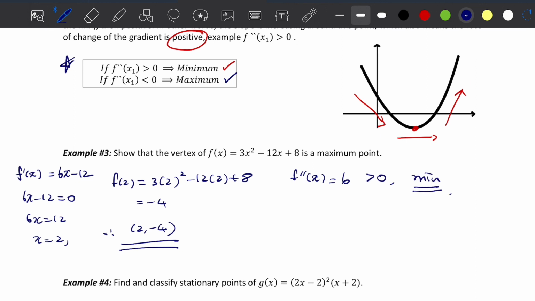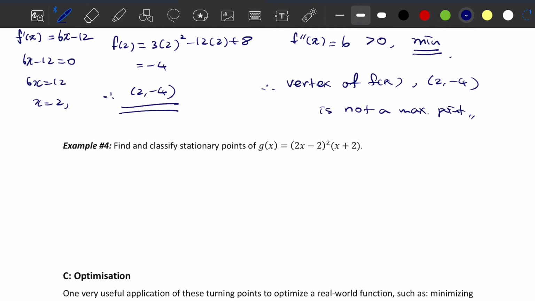So the vertex of the function f of x, (2, -4), is not a maximum point, right?